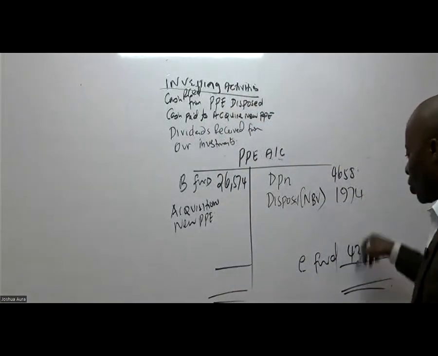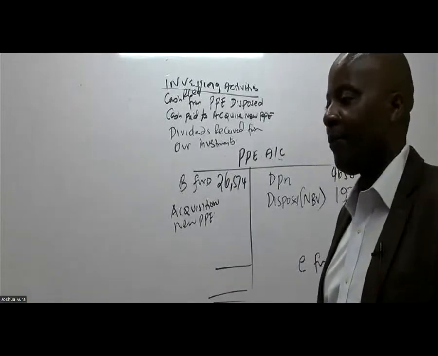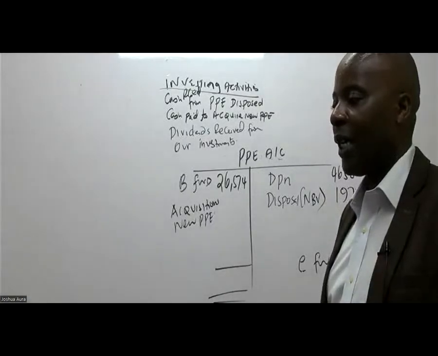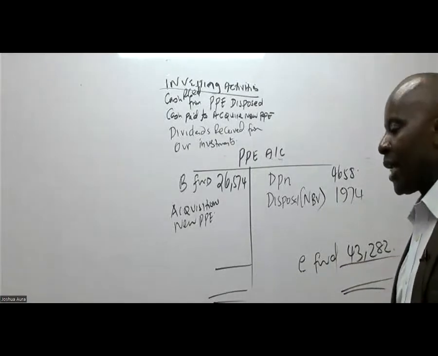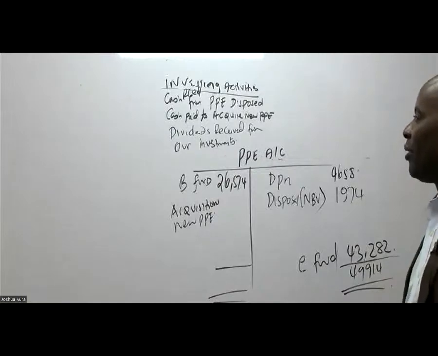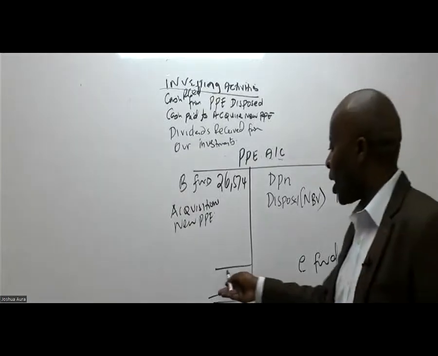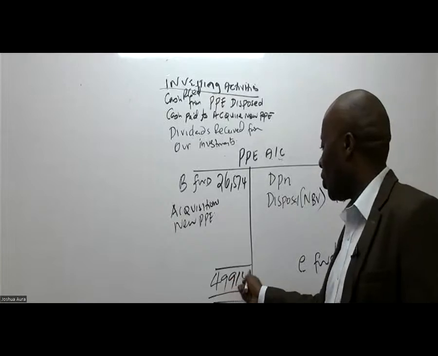So please give me this total figure first on the right side. The purchase, yes. I'm being given 49,914. So this is what I'll also come and balance with here. Thank you so much.